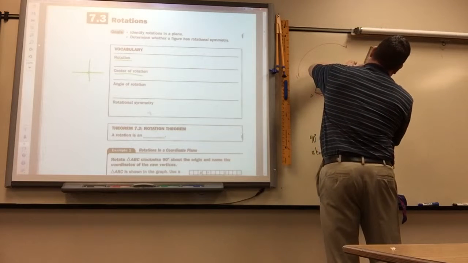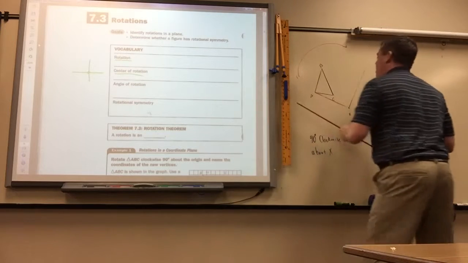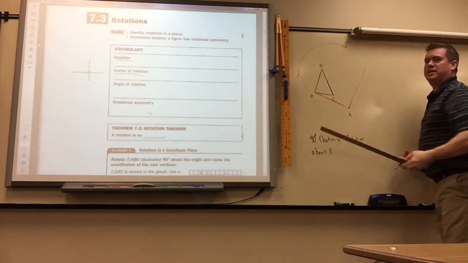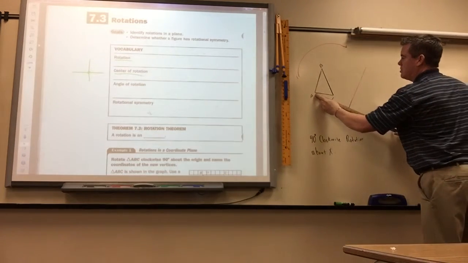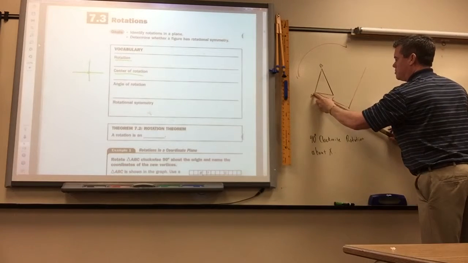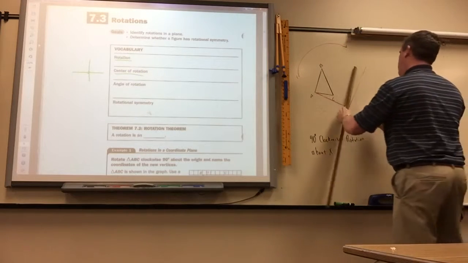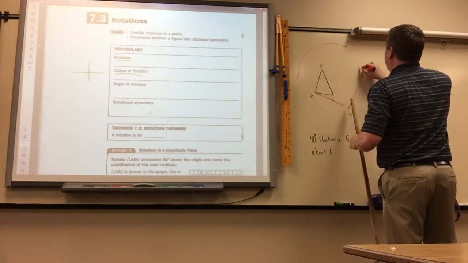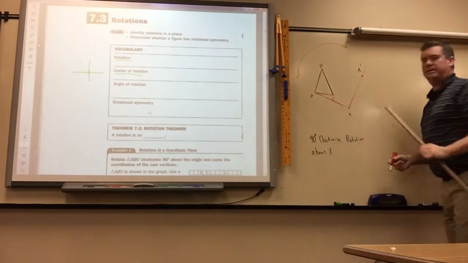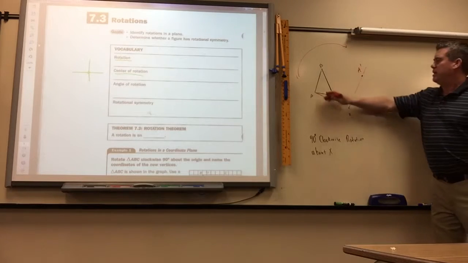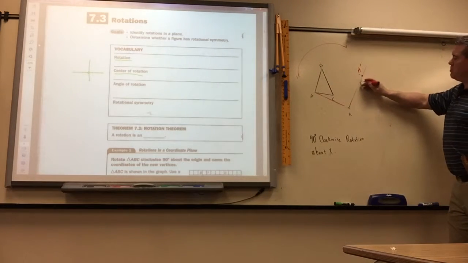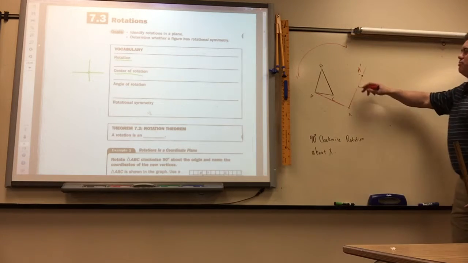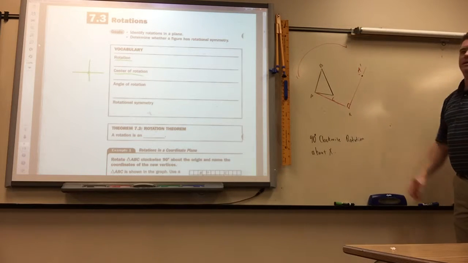And then you have to measure. A is going to go from here to here, but it's got to stay the same distance away from X. We should use a compass, but I don't have a marker in it, so I'll just measure. So there would be the new A prime. If I connected this, these would be the radius of a circle if this circle just kept going around. And it's moved a quarter of a turn, or 90 degrees.